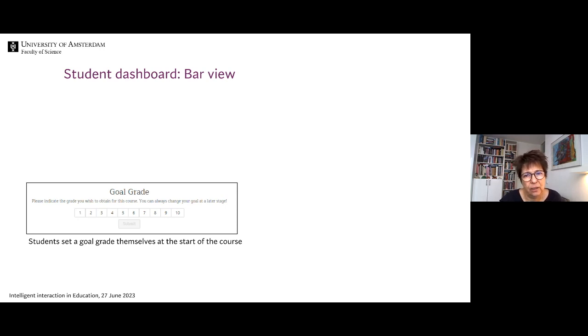When the student enters that link, he or she gets a bar view, and the first thing the students are asked to do is to set the goal grade. So what is the ambition of the students in this course? How high do the students want to reach, and to compare with the same group of students, because it is important to compare your behavior with a group of individuals who have the same goal, at least from the literature it is known.